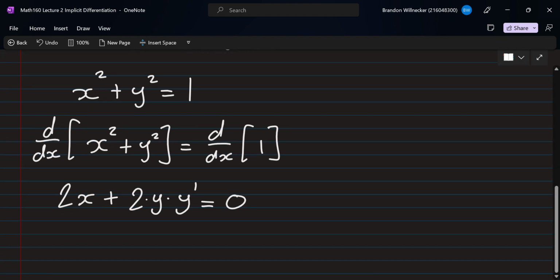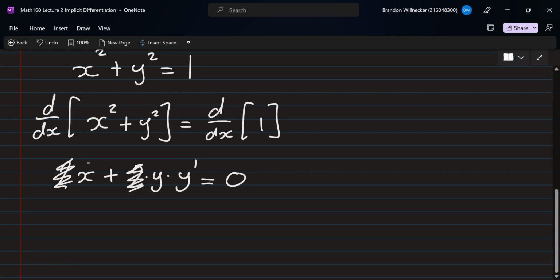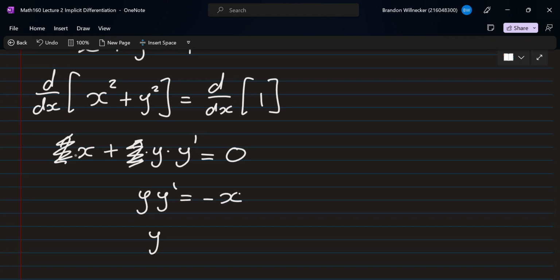Notice the right-hand side is 0. On the left-hand side, we've got a couple of 2s there. We can get rid of those by dividing both sides by 2. Then we can take the x over to the other side. So y prime is minus x over y.